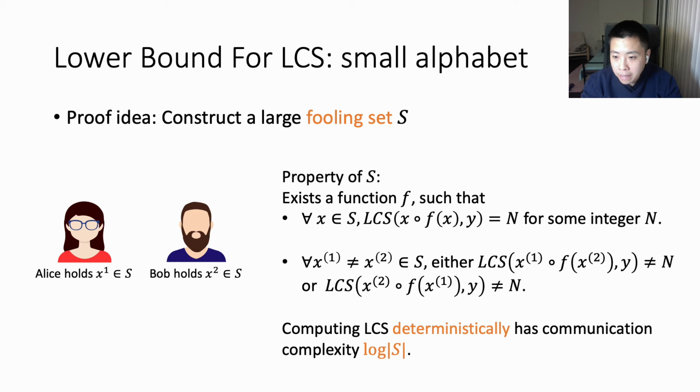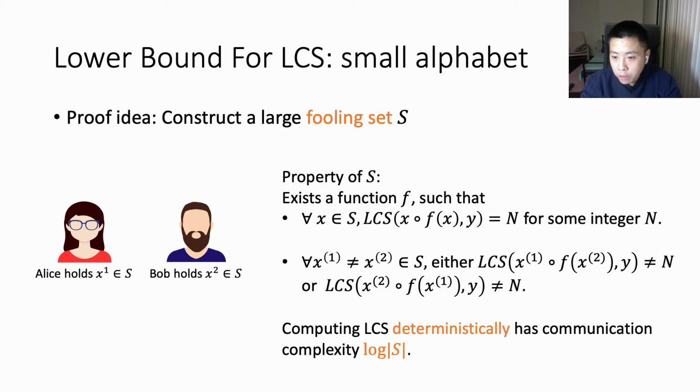We say this set S is a fooling set if there is a function f such that the following two conditions hold. First, for any string x in S, the LCS between y and the concatenation of x and f(x) is equal to some integer n.